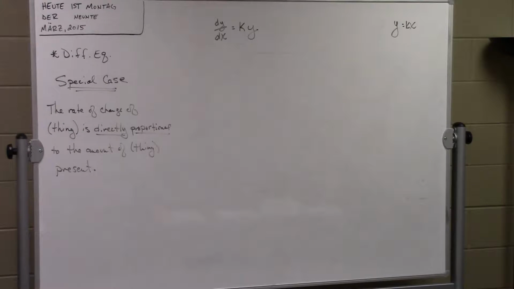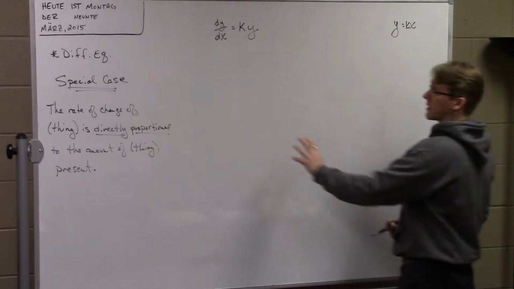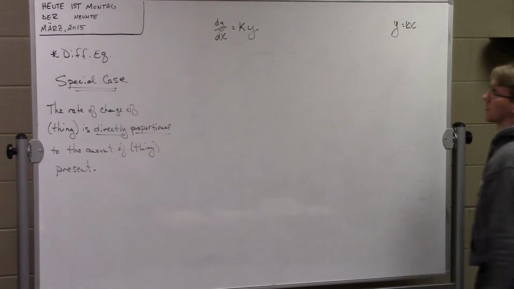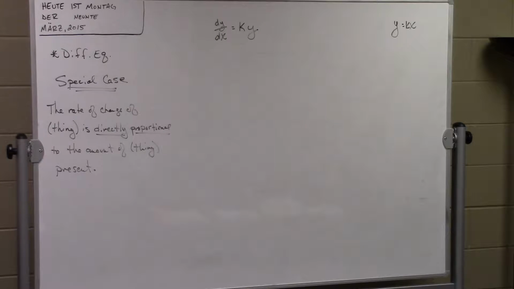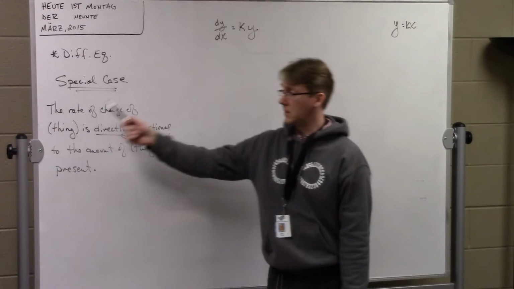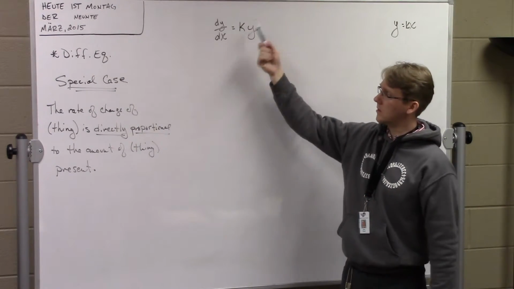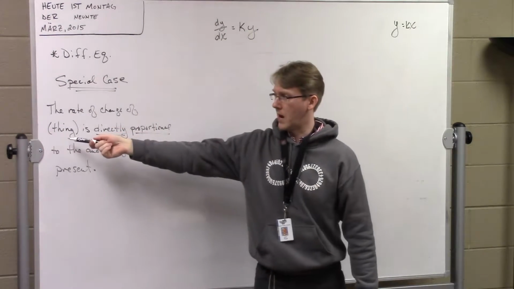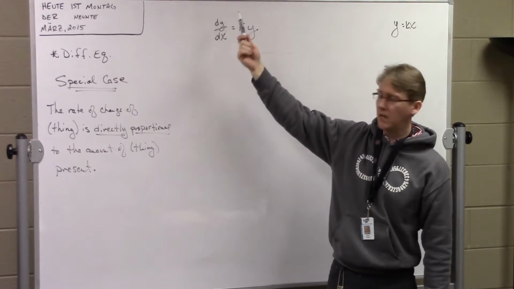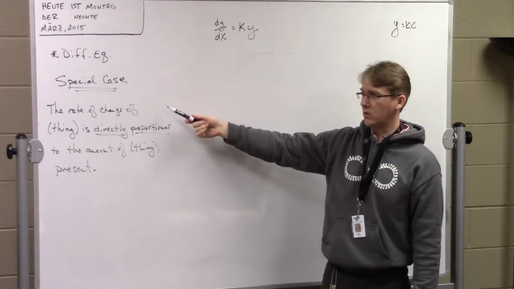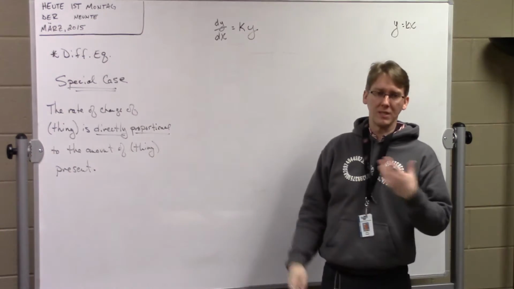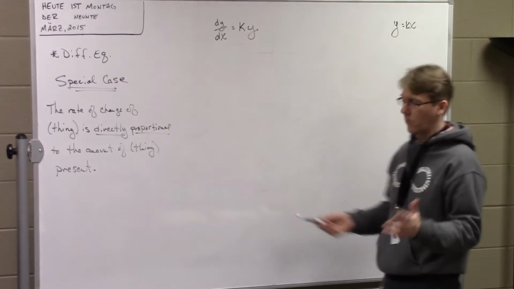We are taking that linear concept and translating it to a calculus idea here. So whenever you see this sentence, this is exactly how you should think of the problem. Maybe insert the right letters. If they say the rate of change of a population, they would probably say dp, and directly proportional to time or something like that, and you would do dt, but the letters are kind of whatever.